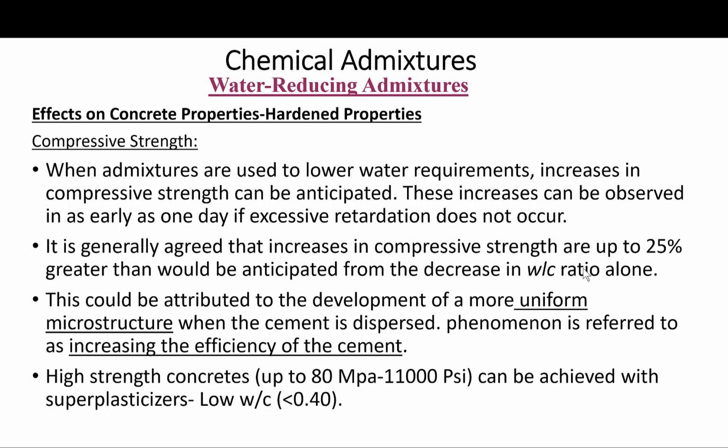It is generally agreed that increases in compressive strength are up to 25% greater than would be anticipated from the decrease in water cement ratio alone. Why? Probably this reflects the development of a more uniform microstructure when the cement is dispersed uniformly. Some refer to this phenomenon as increasing the efficiency of the cement. So this is another advantage of these admixtures.